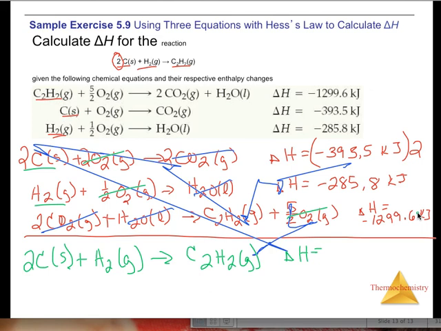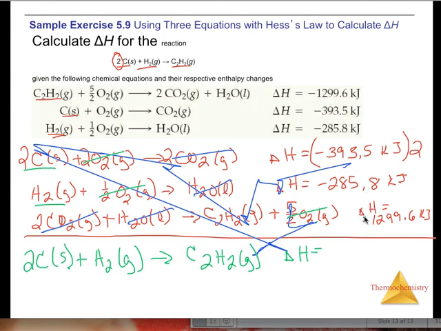2 times a negative 393.5 minus a 285.8 plus a negative 1299.6. Uh-oh. What did I forget to do? My technical difficulty scared me, I think. Remember, I reversed this equation.